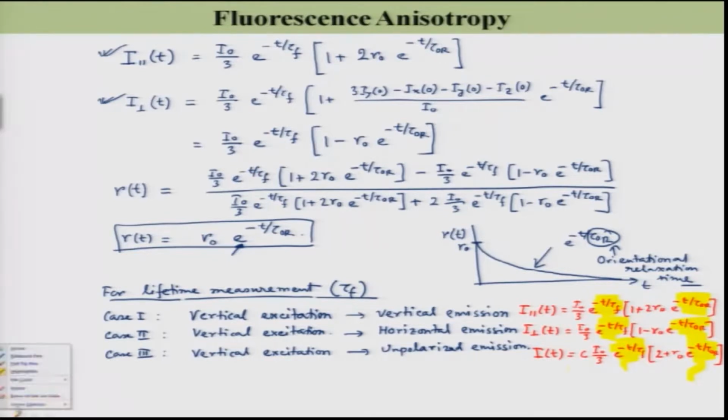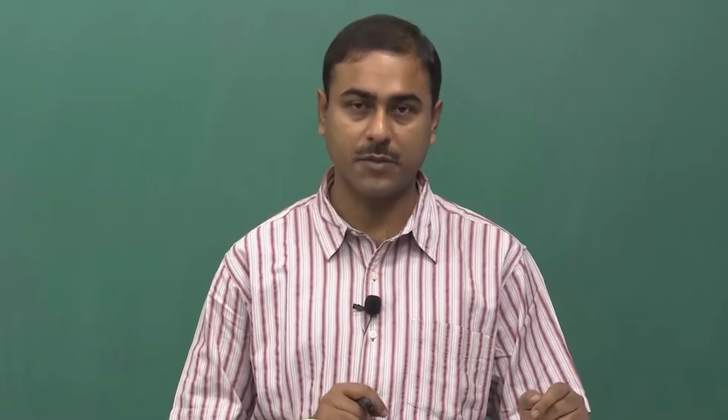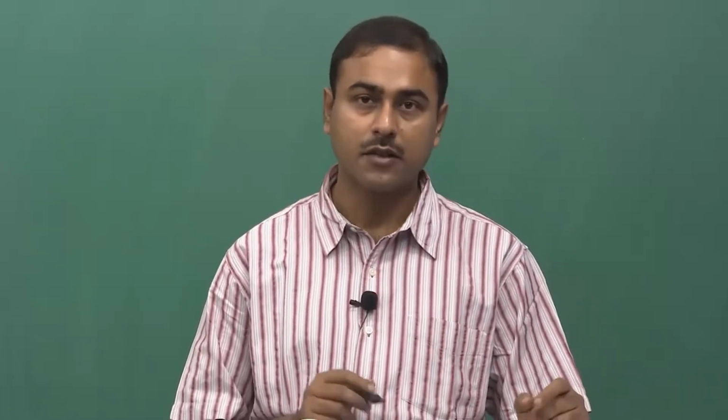But you wanted to measure only the tau f, and end up with measuring a mixture of tau f and tau r, and you will never get the fluorescence lifetime, that is defined as the tau f. But what is the prescription now for the measurement of fluorescence lifetime alone? So, that we are going to discuss now.